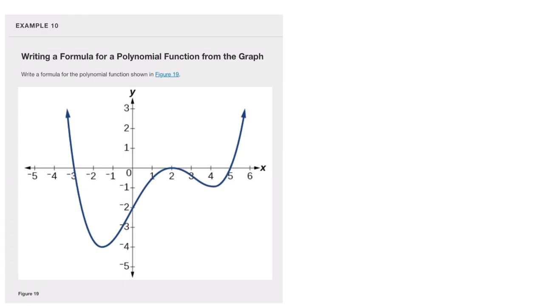So to put all that together, if -3 is a 0, that means that x plus 3 is going to be one of our factors. If 2 is a 0, that means x minus 2 is a factor. Now let me add this on there. This is going to be what? f of x equals some a times all of this.